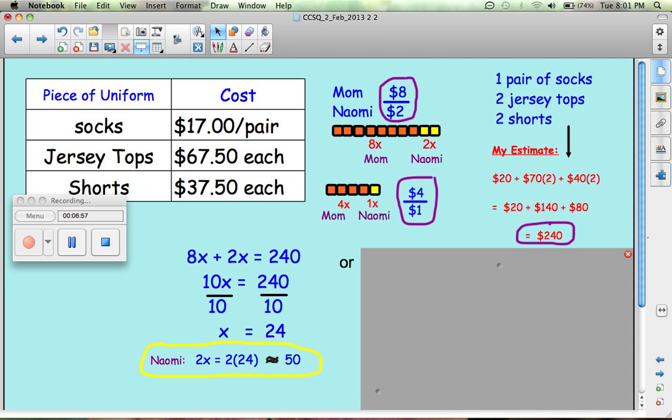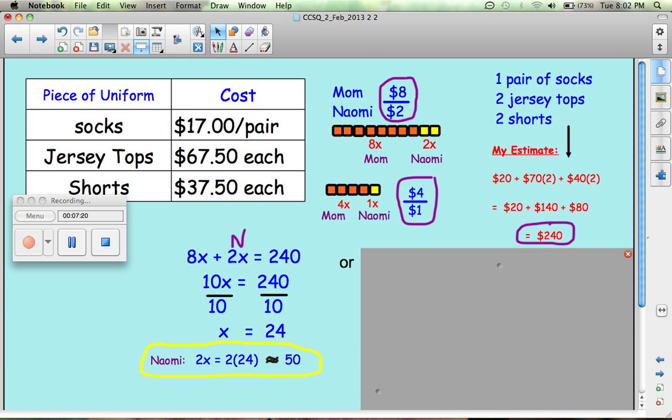That's not what Naomi pays. Remember, in this scenario, her amount is represented by the 2x, so we would have to double it, and 2 times 24 is about 50. Okay, if you wanted to say equals 48, that's just fine. I'm just saying it's about $50 roughly. I'm just estimating right now.